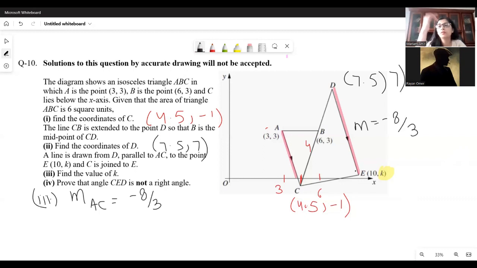In fact, you don't even have to find the equation of this line. Simply do y2 minus y1 over x2 minus x1 equals -8/3. Yes, miss. So do that and tell me what you get.